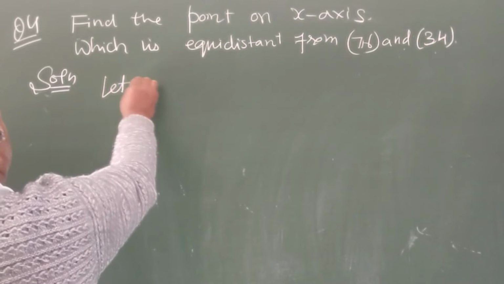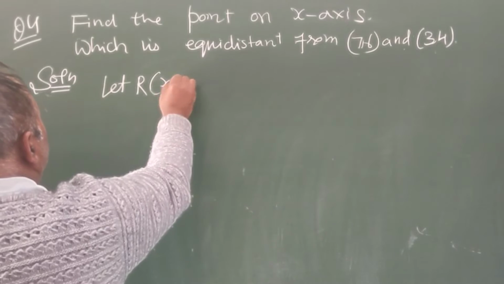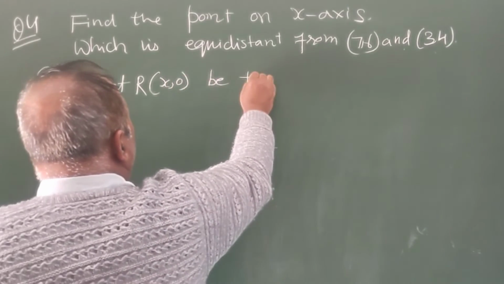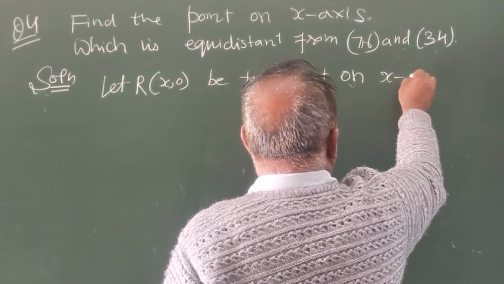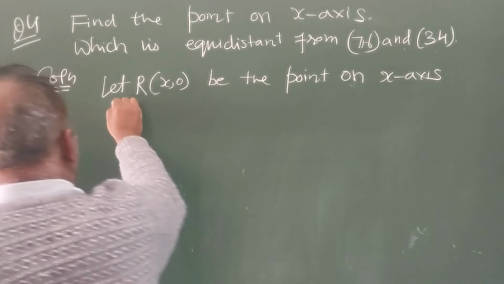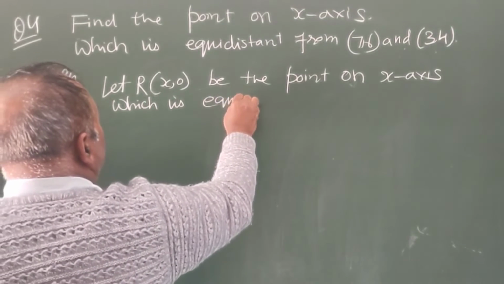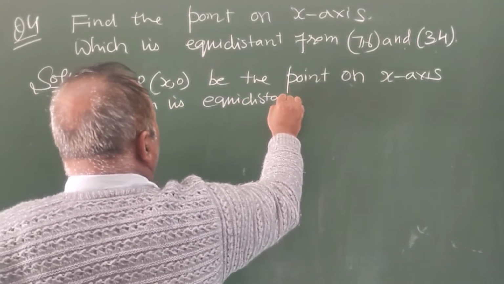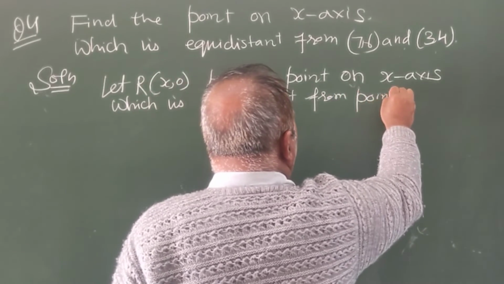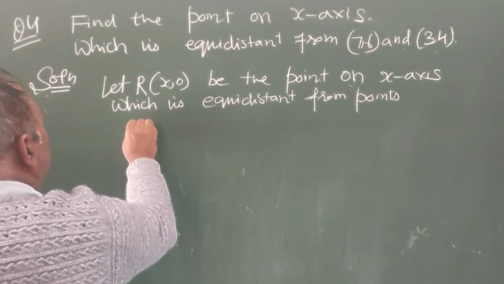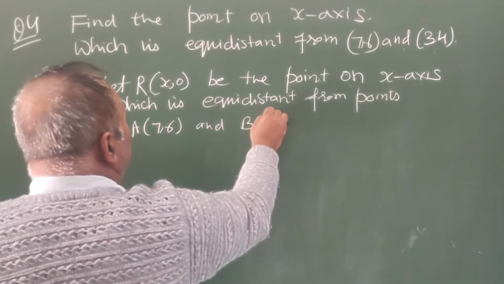Solution: let R (x, 0) be the point on x-axis which is equidistant from point A (7, 6) and B (3, 4).